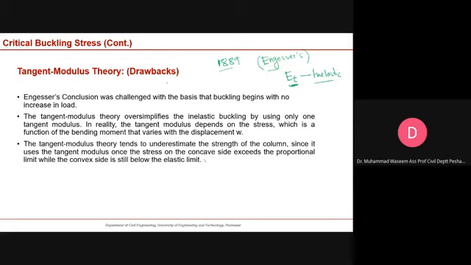So this theory cannot be used to estimate the critical stresses in both the elastic and inelastic range. And in the inelastic range, it tends to underestimate the critical stresses. So this is the drawback.